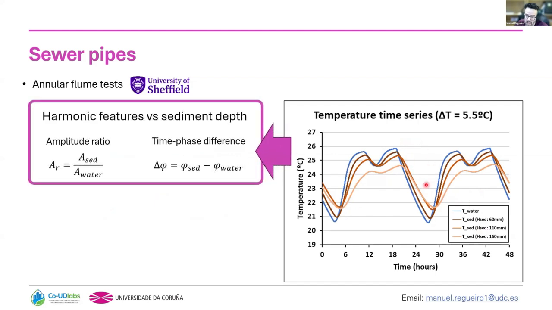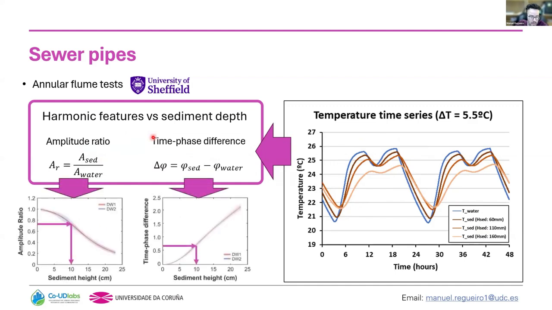But how do we get the sediment depth from this information? As this is a sinusoidal curve, we can do a frequency analysis and get the amplitudes and the phases, and by computing amplitude ratios and time phase differences, we can get these harmonic features and compare them with the sediment depth.